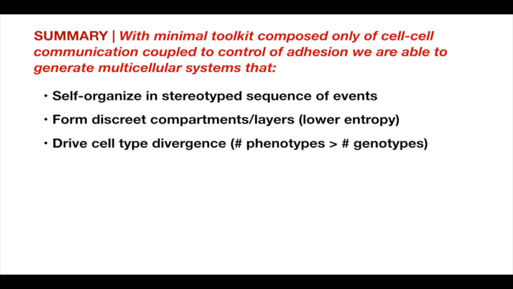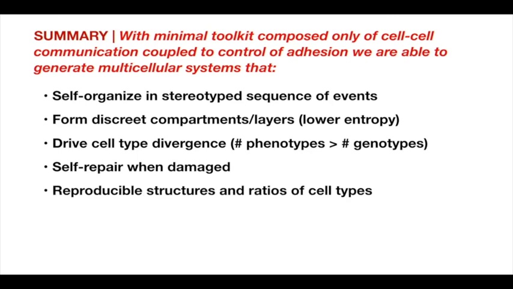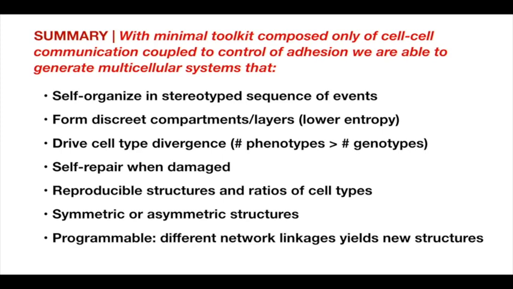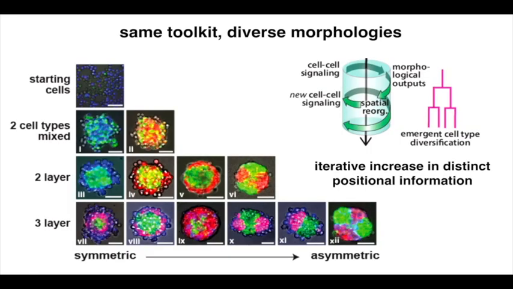They can drive cell type divergence, where we get an increase in the number of phenotypes over the number of cell genotypes. They can self-repair when damaged and get reproducible structures and ratios of cell types. And we can get symmetric or asymmetric structures. But very importantly, they're programmable in the sense that we can take that limited toolkit of pieces, and if we link them together in different kinds of network structures, they yield different morphological structures.